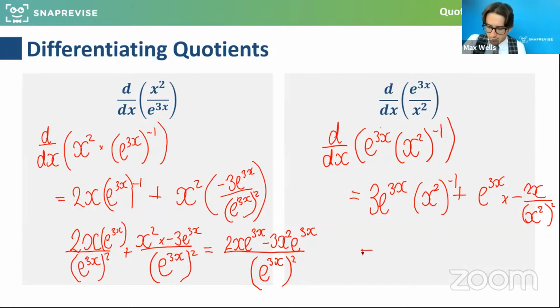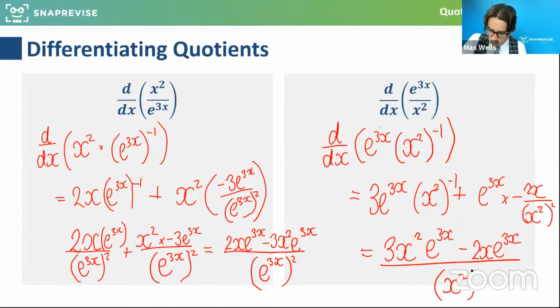And then what we would get is this would become 3x squared e to the 3x minus 2x e to the 3x over x squared squared.